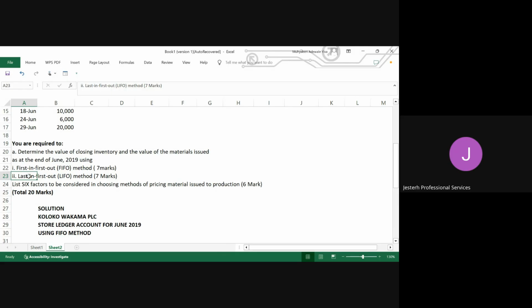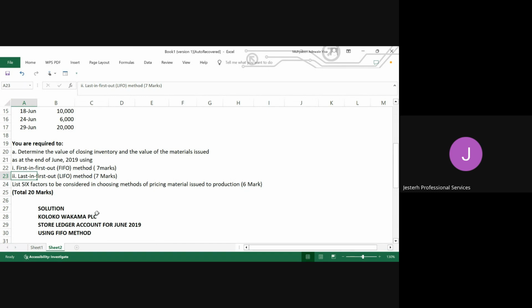Now, this is the second method. This one says last in first out. Now this is the opposite, like I said earlier, opposite of first in first out. In this scenario, they say even though you have 100 units of products before, consider the one that comes in last.